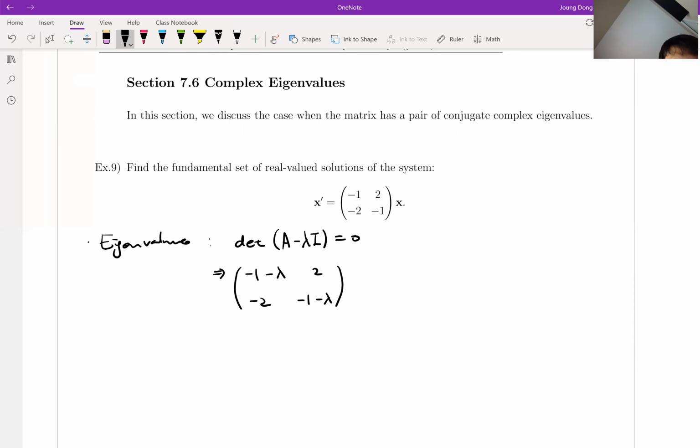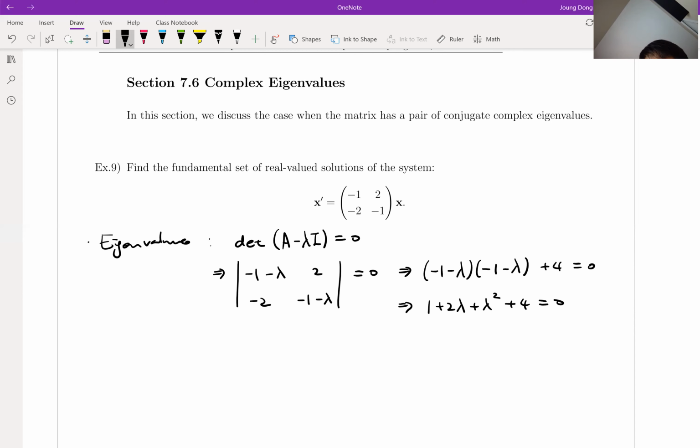Actually, it's a determinant, which means (minus 1 minus lambda) squared, and plus 4 equals 0, because minus times 2 times minus 2. So 1 plus 2 lambda plus lambda squared plus 4 equals 0. Let me write in order: lambda squared plus 2 lambda plus 5 equals 0.